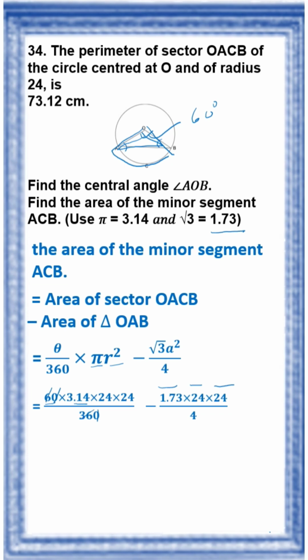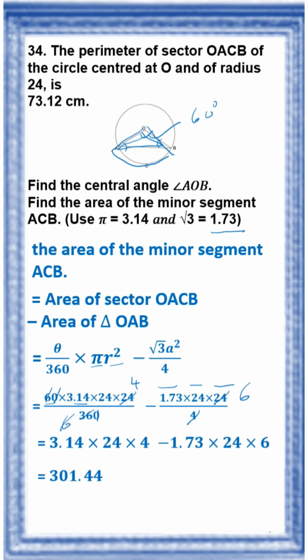So now we have 3.14 into 24 into 4 minus 1.73 into 24 into 6. Here 3.14 into 24 into 4 is equal to 301.44, minus 1.73 into 24 into 6 is equal to 249.12. That is equal to 52.32 centimeter square.